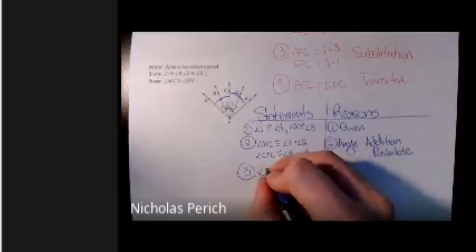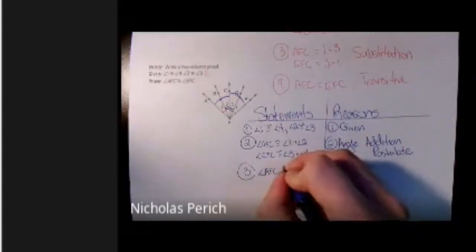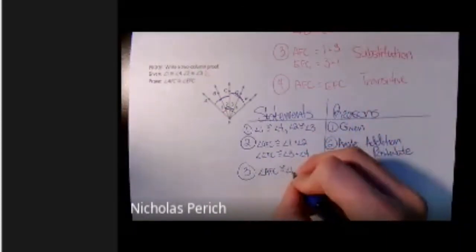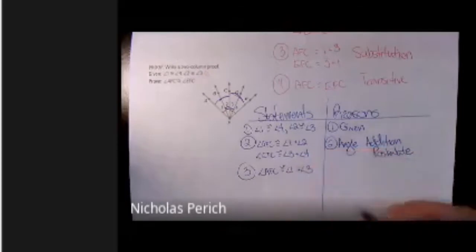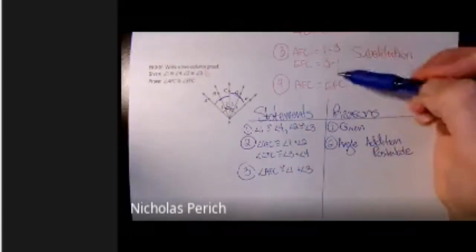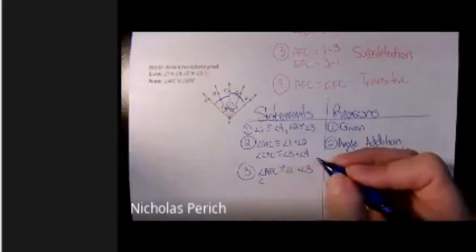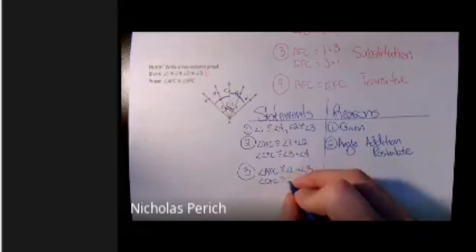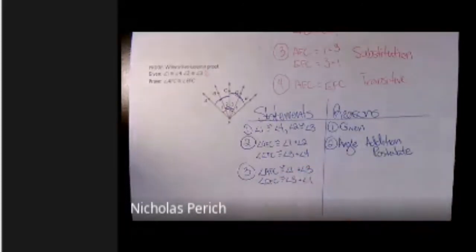And so I then say AFC. What I did up here is I turned 2 into 3. So then I have 1 plus 3. And then down here, I turned 4 into 1, so that I have two things that equal each other.